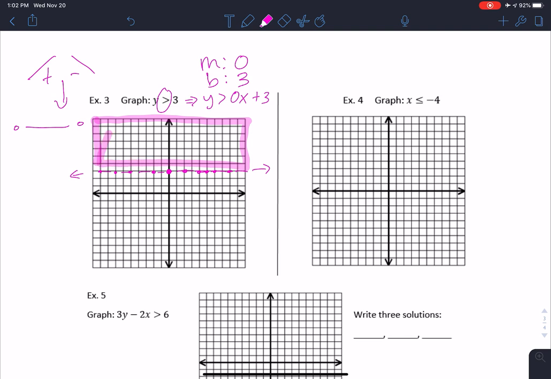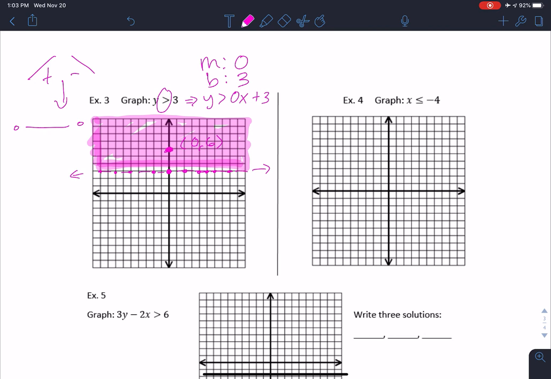So I just shade that area right there. And on here, we don't ask you to label some possible solutions, but it's important for you to notice that you can't pick points that are on this dotted line, but you can pick any points in the shaded area, like this point right here. So that point is a possible solution, which is 0, 6, or anything in that area.